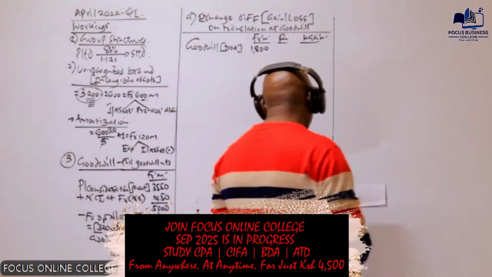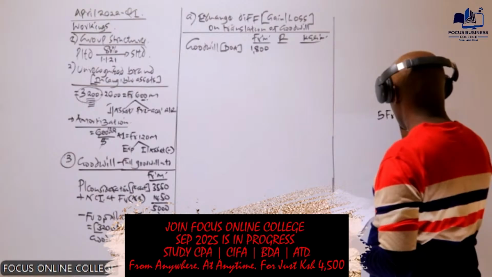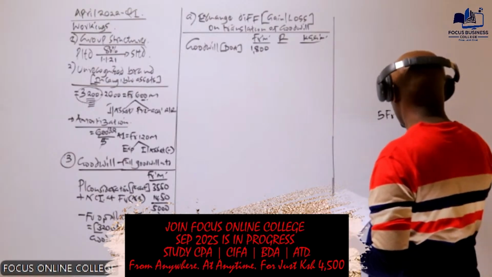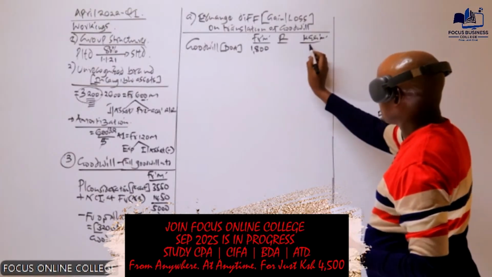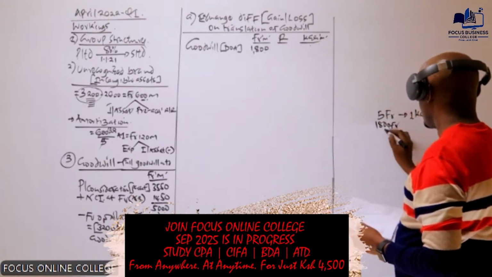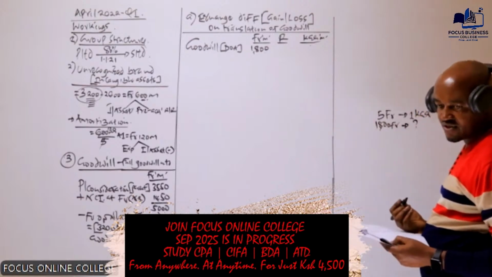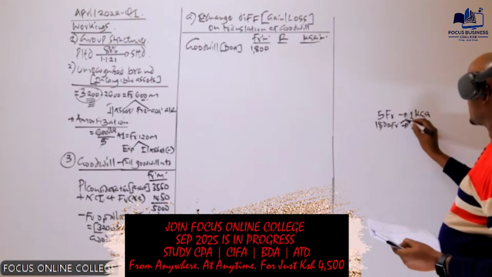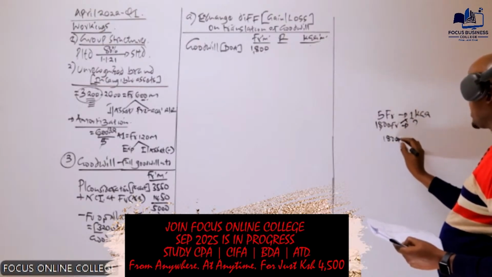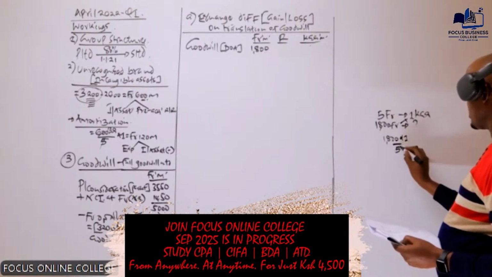The opening exchange rate as per note number 5 is 5 franc, which is equal to 1 Kenyan shilling. Remember, this is 1800 million franc. We want to translate that into Kenyan shillings. So basically we cross multiply, then we divide. We take 18 times 1 divided by 5.